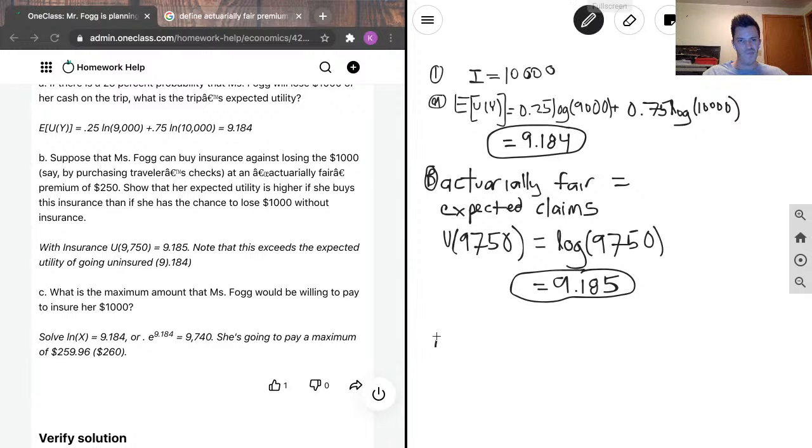So ln x equals 9.184. And e to the 9.184 is approximately 9,740.